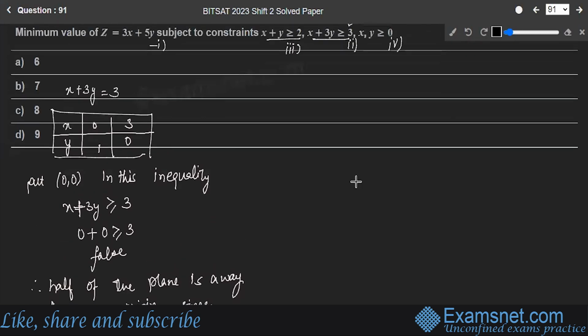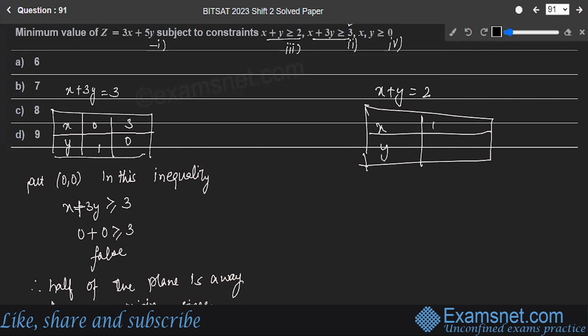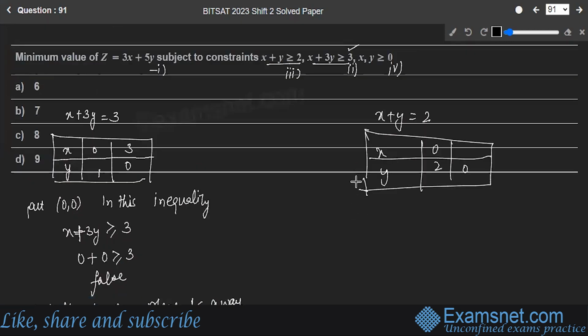Now let's go for the second one. You have the second equation as x plus y, changing the inequality into equality, is equal to 2. For plotting the graph, if I put x is equal to 0, y will be 2, and if y is equal to 0, x will be 2. Now again putting the origin 0, 0 in the inequality x plus y greater than or equal to 2, you will have 0 plus 0 greater than or equal to 2, which is again false.